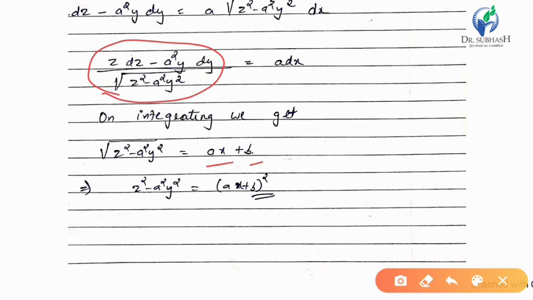So this again can be written as, taking the square on both sides, z square minus a square y square equal to ax plus b the whole square. So this is the final required solution using the Charpit method of the given differential equation. So you must be clear with the topic Charpit method. Thank you.